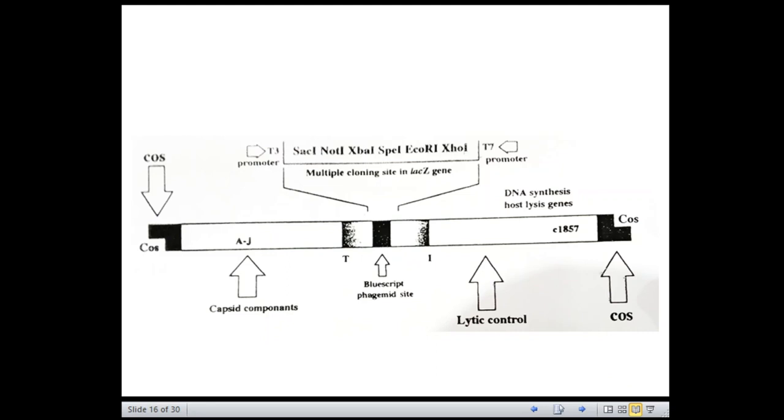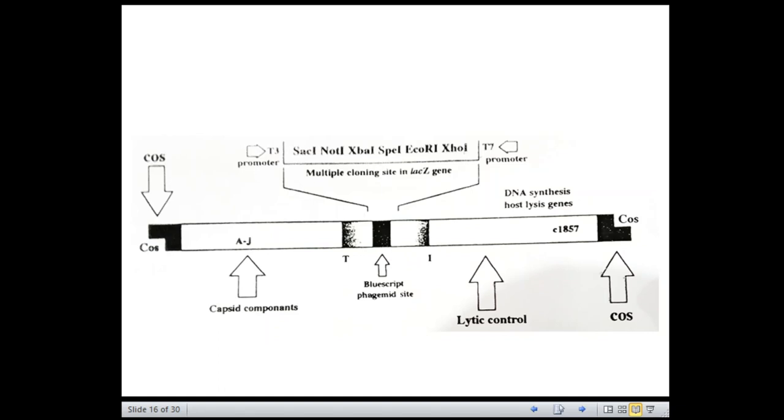So this figure is a general map of lambda ZAP. Lambda ZAP is a commercially produced cloning vector which includes unique cloning sites, and these unique cloning sites are clustered into a multiple cloning site, that is MCS.